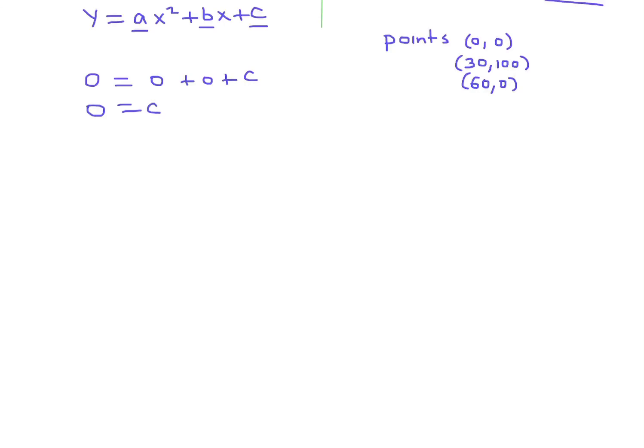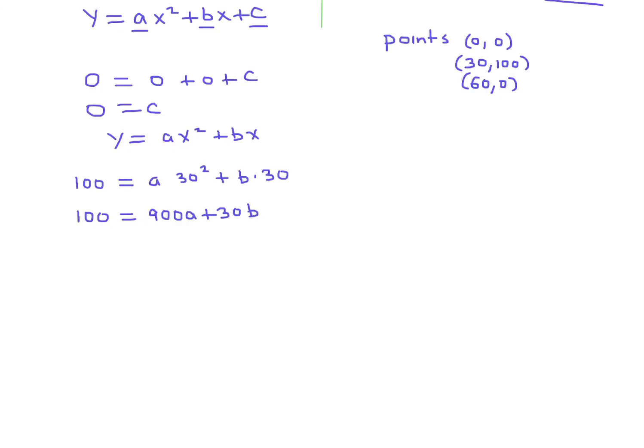Okay, that definitely helps. So we are just left with y is equal to ax squared plus bx. Let's substitute the next one, which is (30, 100). So 100 is equal to a times 30 squared plus b times 30. And this becomes 100 is equal to 900a plus 30b.